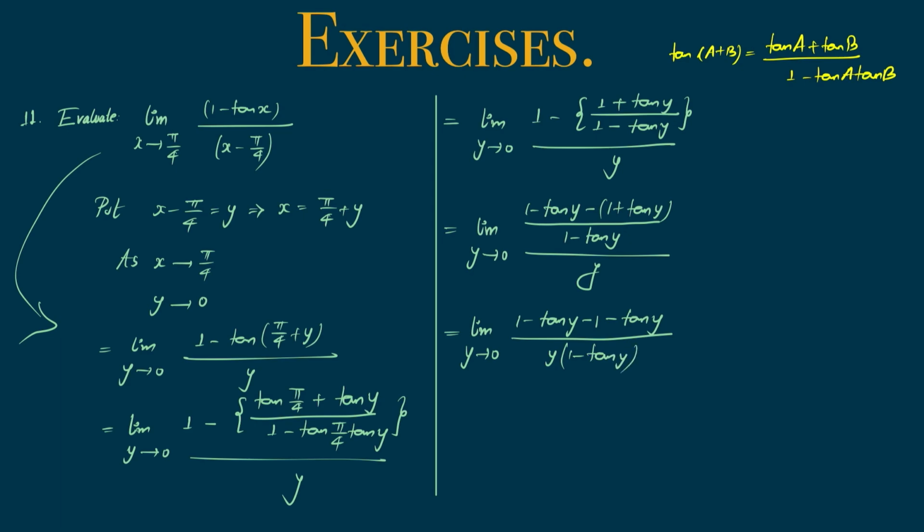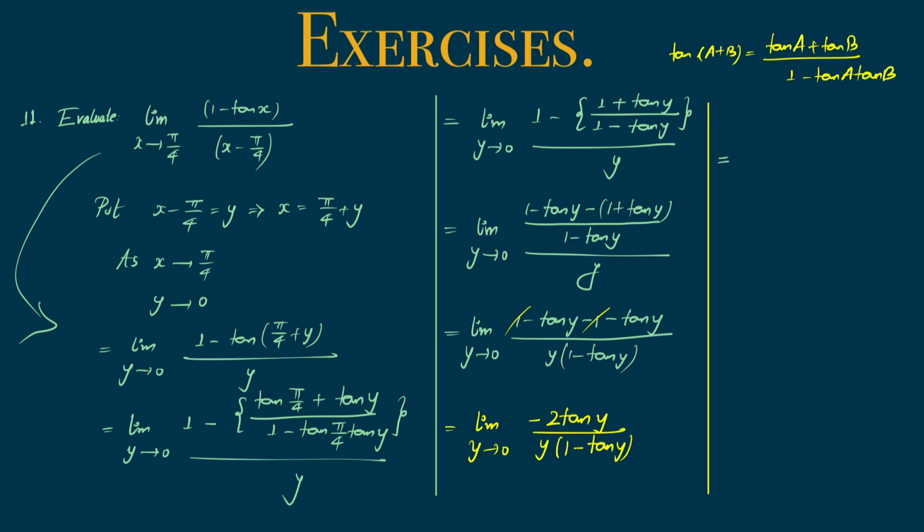So here in the numerator you can see that plus 1 and minus 1 get cancelled, so here it will be equal to limit y tends to 0, minus tan y and minus tan y will be minus 2 tan y, whole divided by y into 1 minus tan y.